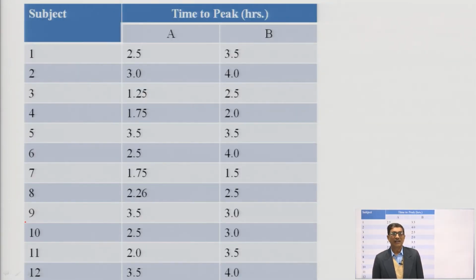In this data we have 12 subjects, and this is the time to peak for the two oral formulations. For formulation A, the time to peak for the first subject is 2.5, and for formulation B it is 3.5. For A, subject 2 has the value 3.0, and for B the same subject has 4.0. So, this is a matched sample case, and we solve it with the help of the Wilcoxon sign rank test.